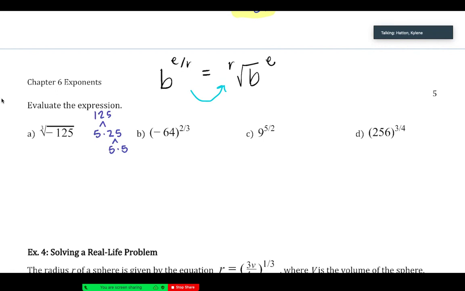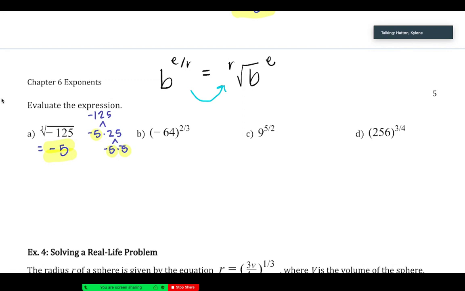Since I'm taking the third root, I want 3 of the same number at the end of the factor tree, and I got 3 5s. So the cubed root of 125 is 5. But since we're taking the cubed root of negative 125, I have to make all those 5s negative to get a negative product. So the cubed root of negative 125 will be negative 5.